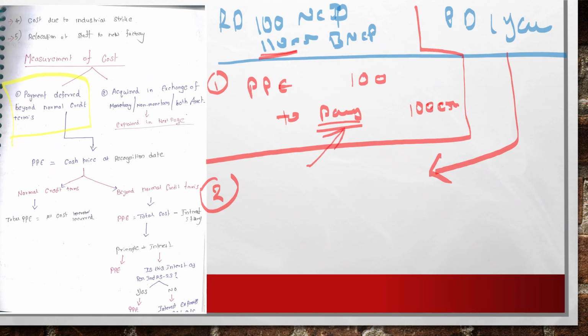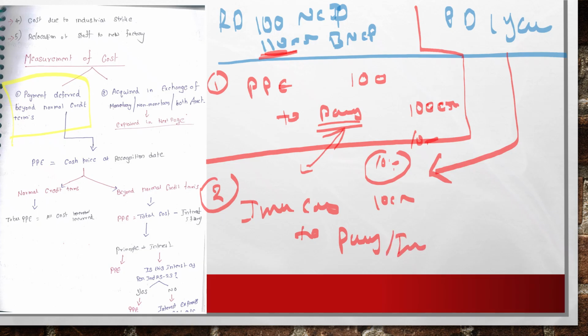If you calculate that interest, suppose it comes to 10% interest cost. The difference is also 10 crores only, right? So that's why I have taken 10%. So interest cost 10 crores to interest payable, credit 10 crores.